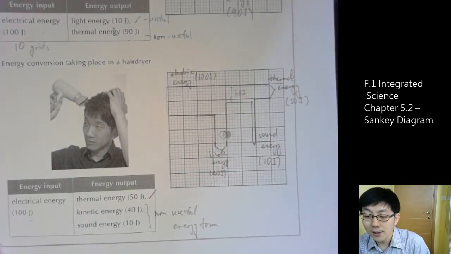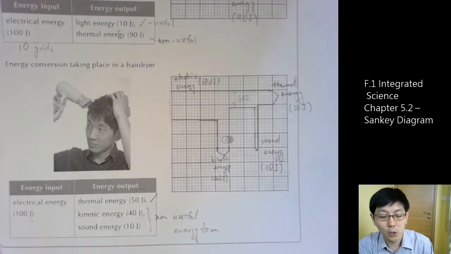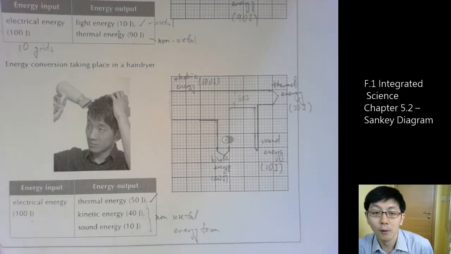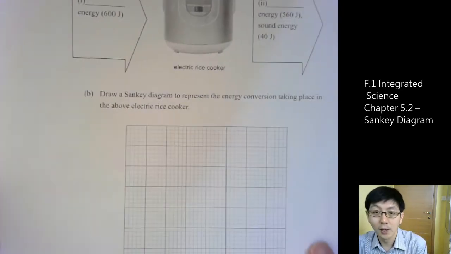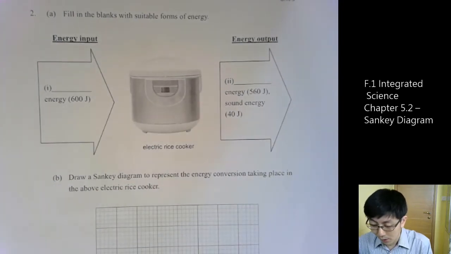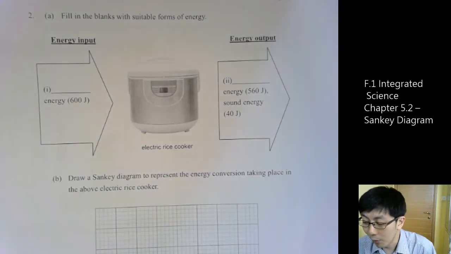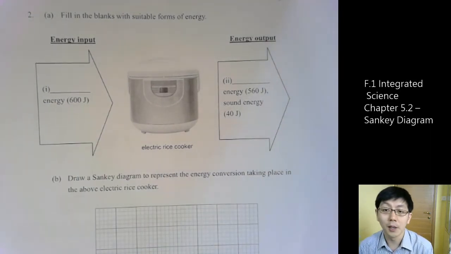So my last example will be for the extra worksheet I'm going to upload to you. I will use question number 2 in the extra worksheet for the final example. All right, final example about the rice cooker. First of all, what are the energy form input and output for this case?